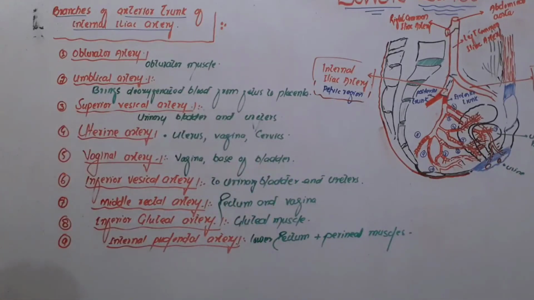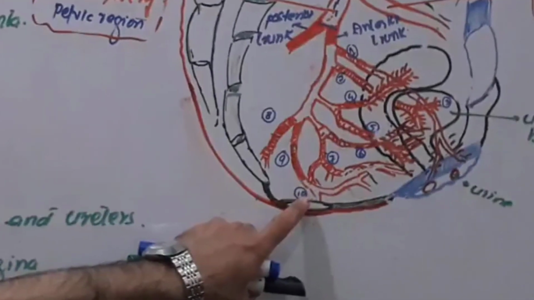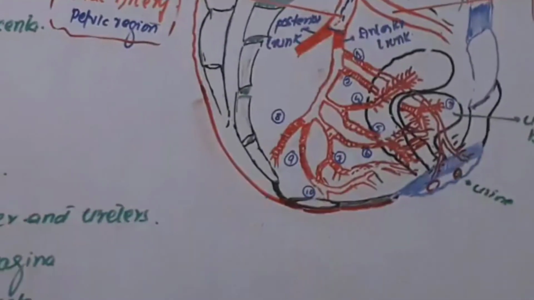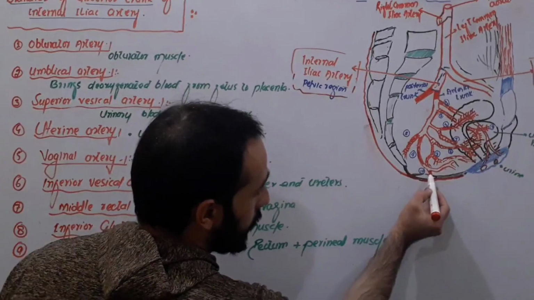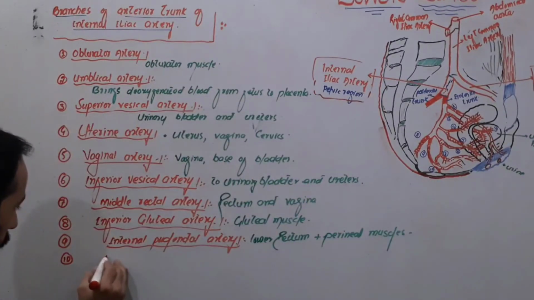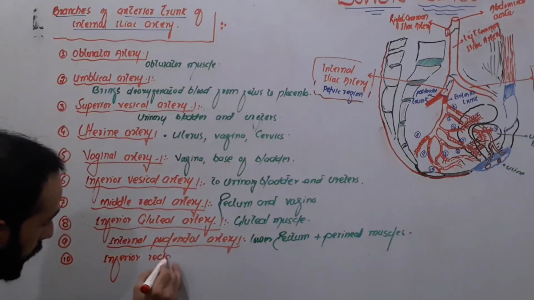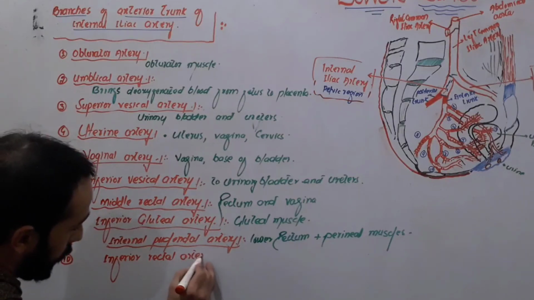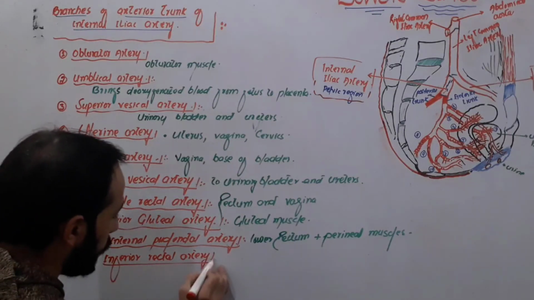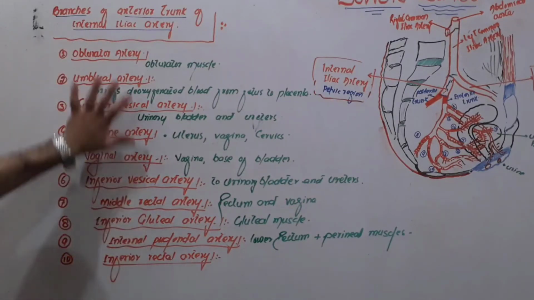Very good, done. And the last branch from this anterior trunk, this one, look, this tenth artery is called the inferior rectal artery. You can see here, inferior rectal artery, right? I'm discussing the female pelvis, the blood supply of the female pelvis.